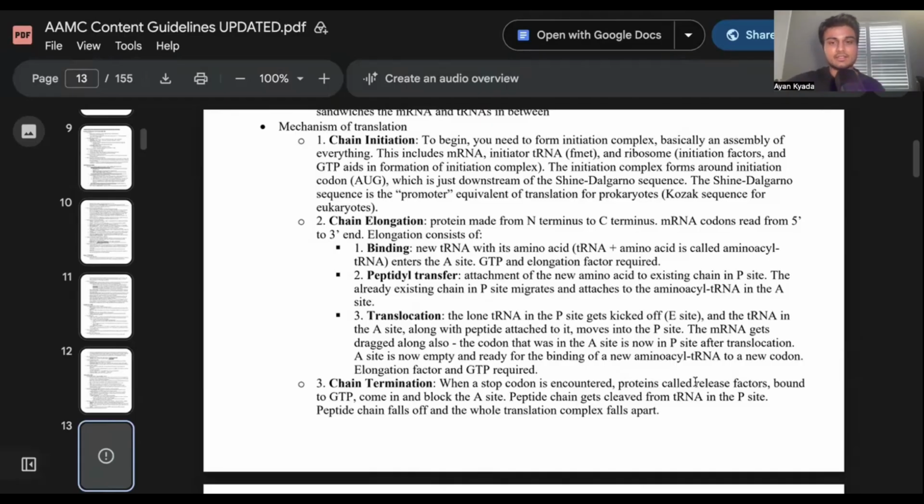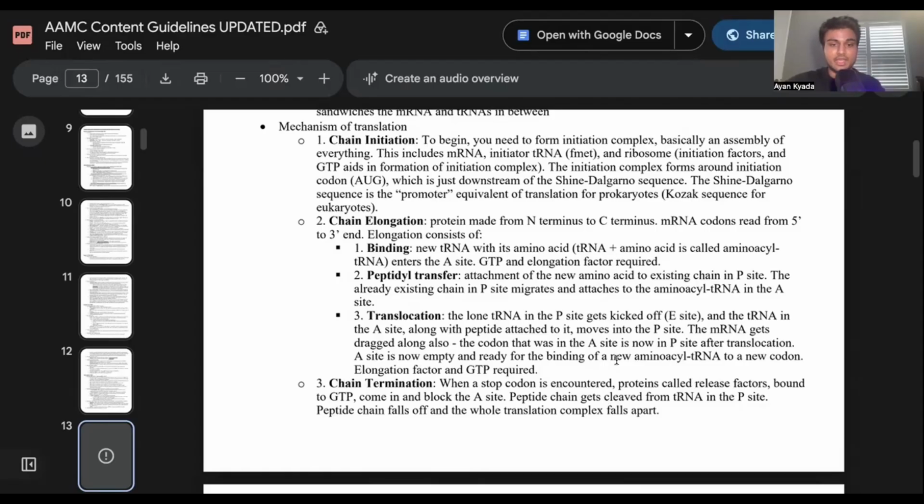And we're going to go back to the discussion of the initiation complex. So the initiation complex is going to have initiation factors. And to activate those, again, you need GTP hydrolysis. Similar to how you need a GTP hydrolysis to activate the release factors.